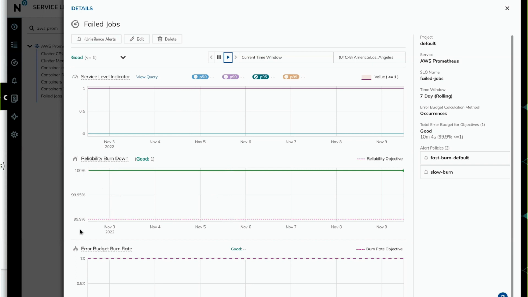Yeah, I think with this one, depending on what kind of cron jobs we have, we can take a look at changing up or adding additional jobs to this. We could also just look at increasing the reliability. Right now we're at 99.9.